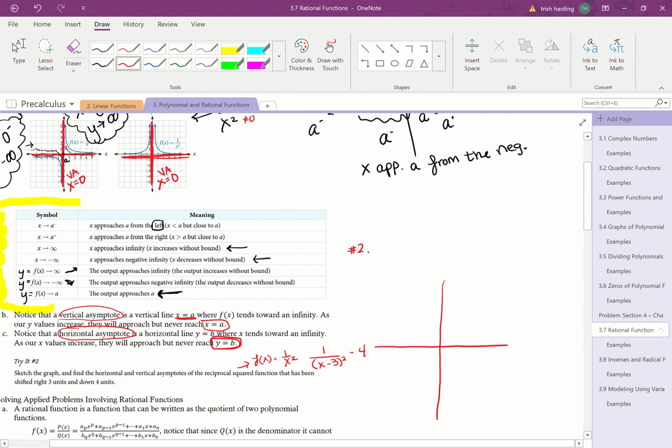If this was our vertical asymptote and we're starting here, we see that we have 1, 1 and 1, 1 on the graph.